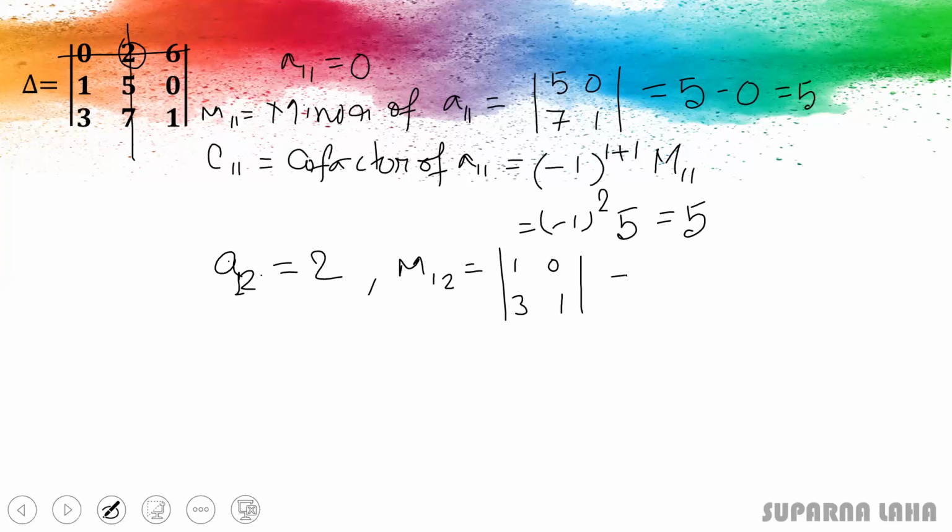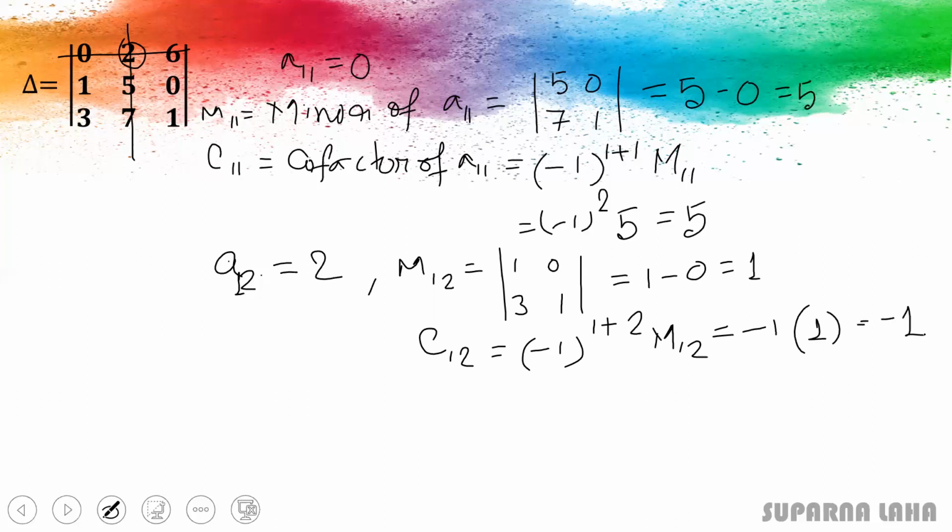So its value is 1 minus 0, that means 1. Now what is C12? C12 is given by (-1) to the power 1 plus 2 into M12. Now 2 plus 1 is 3. So (-1) to the power 3 means -1. So -1 into M12, which is 1, means the value is -1. So the minor is 1 and the cofactor is -1.